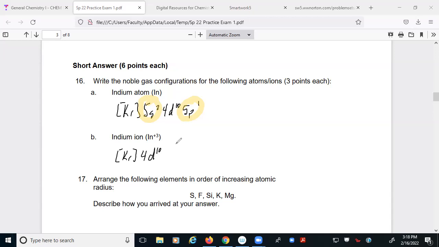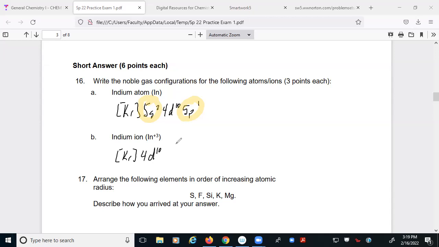So you are right to anticipate that electron configurations will make an appearance somewhere in the exam, either in the multiple choice section or as one of those short answer questions. If it's a short answer question, it'll be along these kinds of lines: 2, 3, maybe 4 examples, a combination of atoms and ions.